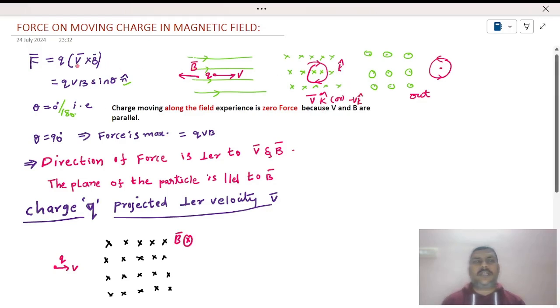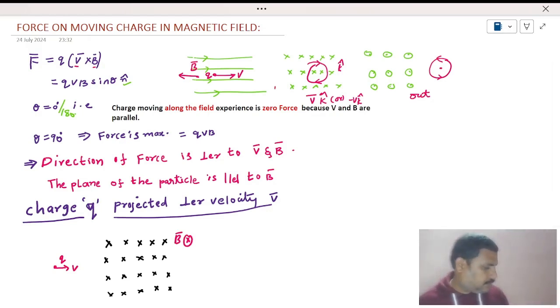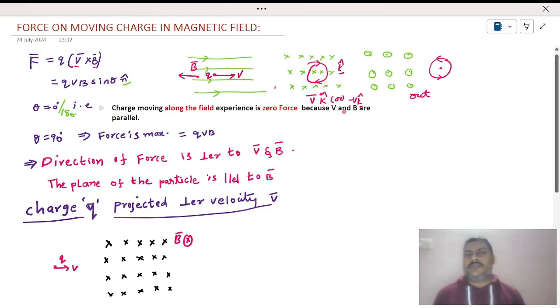You can see clearly the force is equal to v bar cross b bar, and the cross product of the same unit vectors is 0, because i cross i, j cross j, k cross k, or the cross product between parallel vectors is 0.